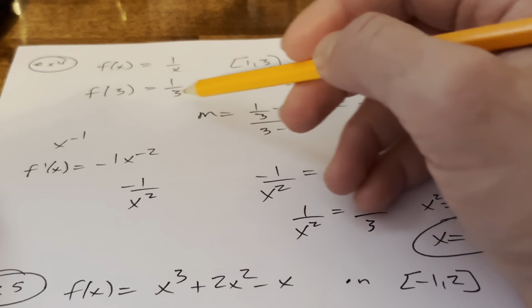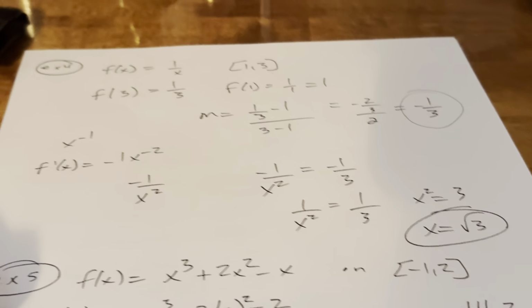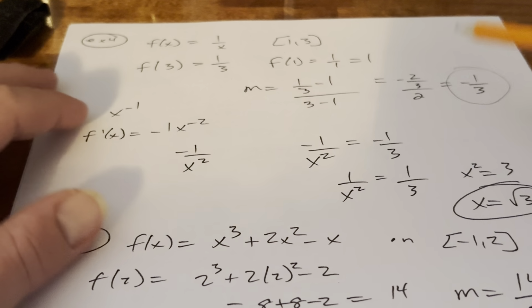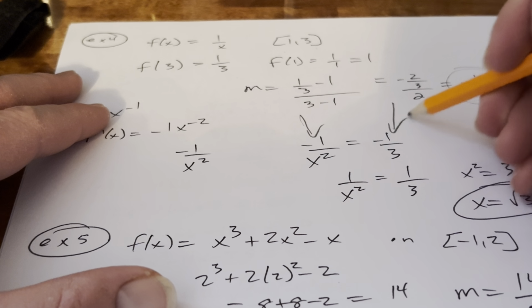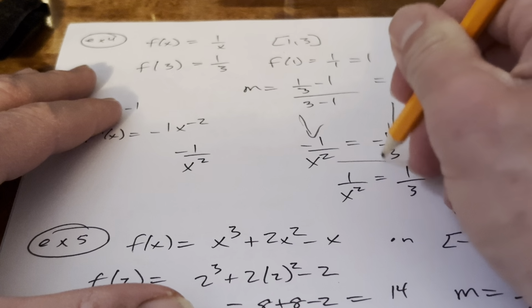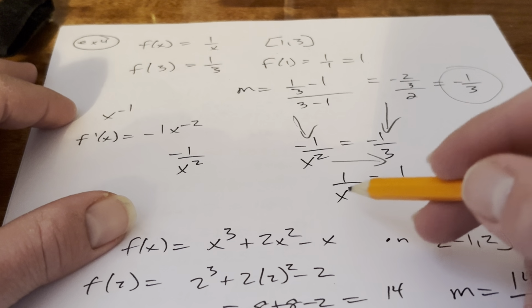So I'm going to take the derivative of 1 over x, which is x to the negative first, bring it down, power 1 less. All right, it's negative 1 x to the negative second, which is negative 1 over x squared. So I'm going to take the derivative and set it equal to slope. Notice how both numerators are negative 1. So I can really just say, hey, x squared is 3. Or I can divide by negative 1. I can cross multiply.